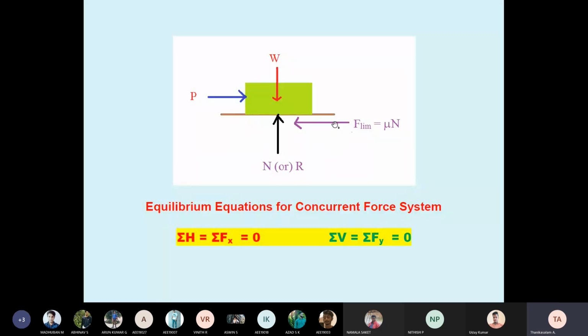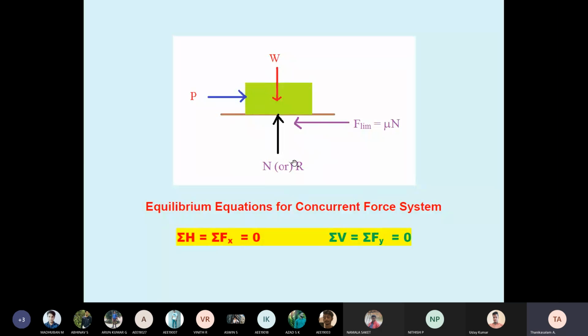Why is friction on the left side? Because the body tries to move right. Then weight acts perpendicular downward. Every action has an equal and opposite reaction, N or R. This is the equilibrium of a body on a rough horizontal plane.